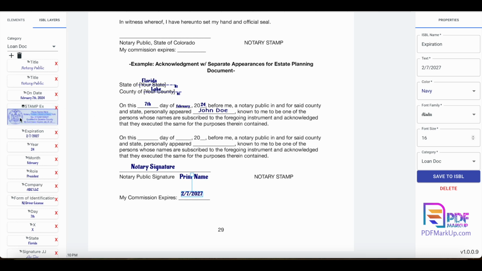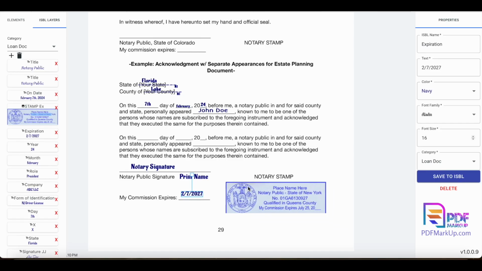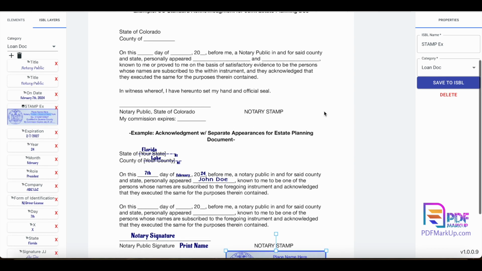Now, if you are the notary that is also taking this document to the second person, you just bring this and only have your signature, print your name and stamp. But if you were sending this over to, let's say, another state, California or something, then that other notary would fill that out, sign and stamp, and print the name as well. Okay? So that's how you would fill this out.